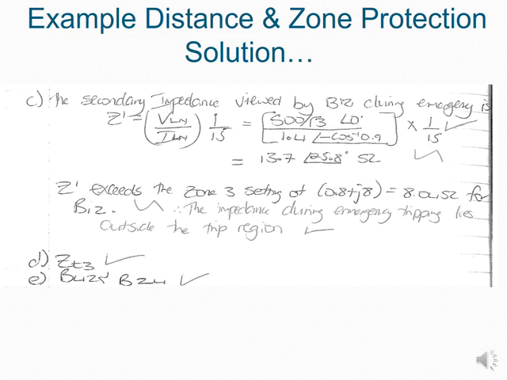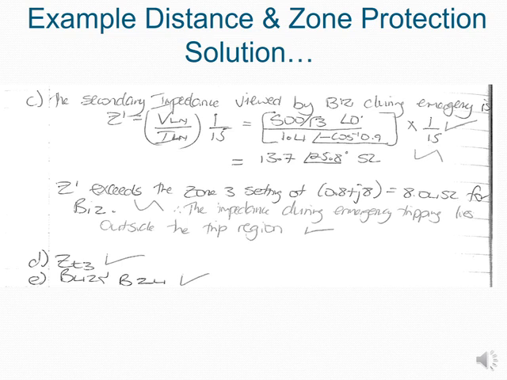Now, for me to know, where does the 13.7 lie? Is it within or outside my reach? I go and compare it to my zone 3, which was the largest of my settings. And if I take that 0.8 plus J8 I got and put it into a complex scenario, I can see that it is 8.04.